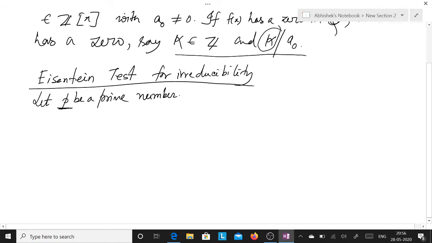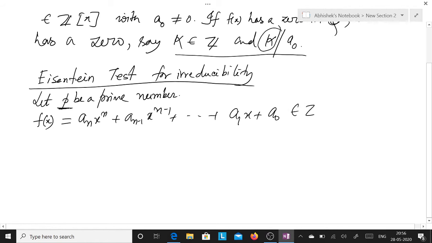And now let us consider a polynomial f(x), which is a_n x^n + a_{n-1} x^{n-1} + ... + a_1 x + a_0, which is a polynomial over the ring of integers. So you may take any polynomial over the ring of integers.